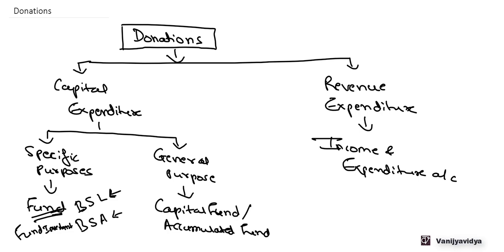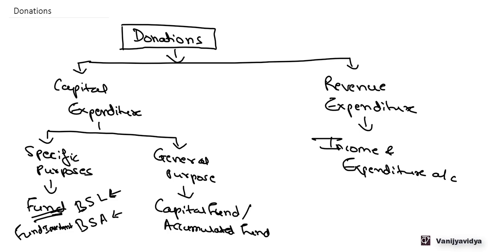This is known as fund accounting. That is, all the expenses pertaining to that particular fund are accounted in that fund account instead of the income and expenditure account.